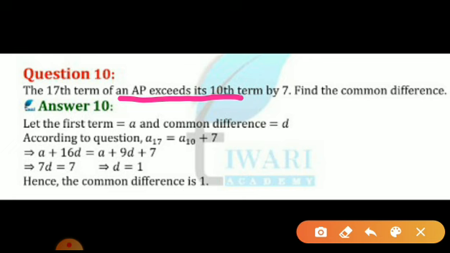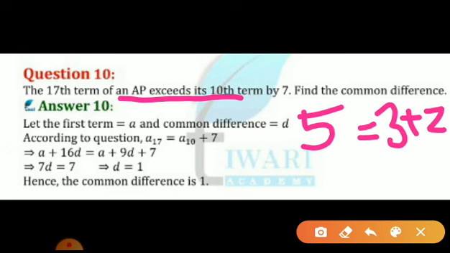Suppose I say that 5 is greater than 3 by 2. How do you express it? 5 is 2 more than 3. That means I will write 3 plus 2, so 5 is equal to 3 plus 2.